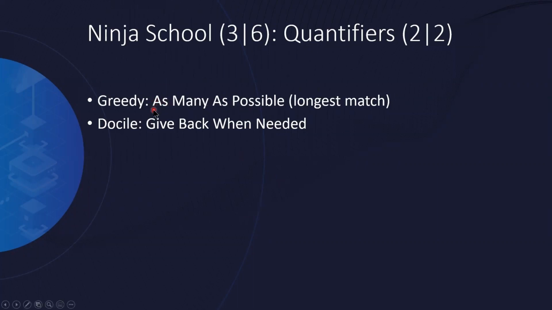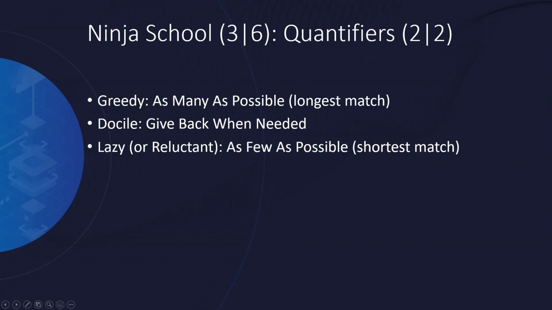A greedy result means you're bringing back as many as possible. A docile one means you're giving back when needed. Lazy or reluctant search means you're bringing back as few as possible, so it's the shortest match.